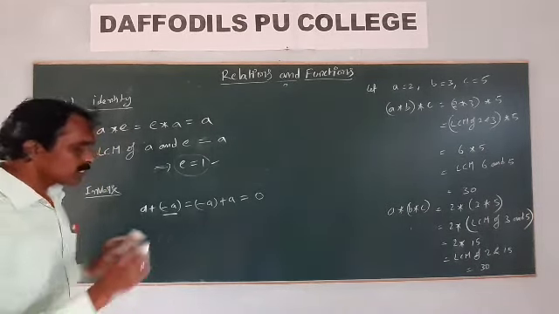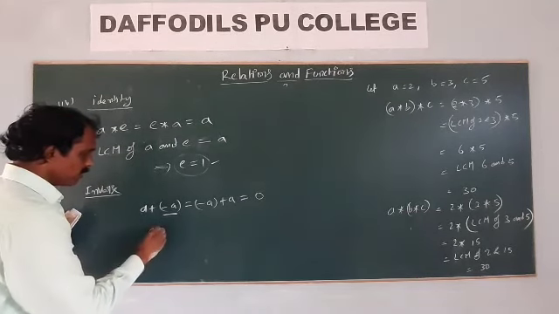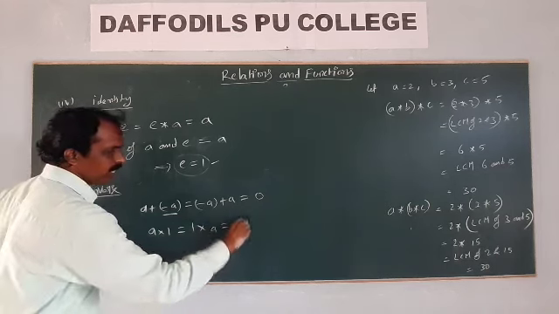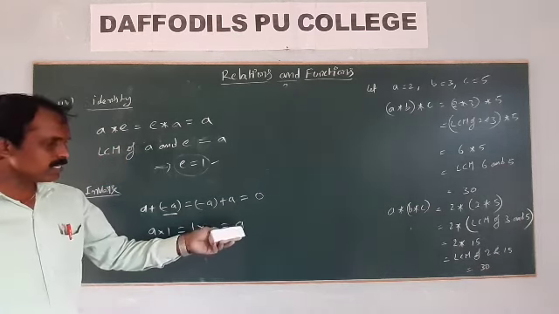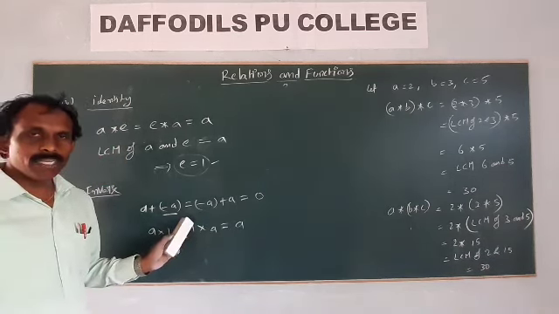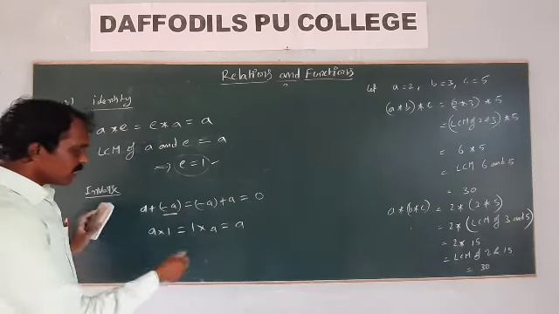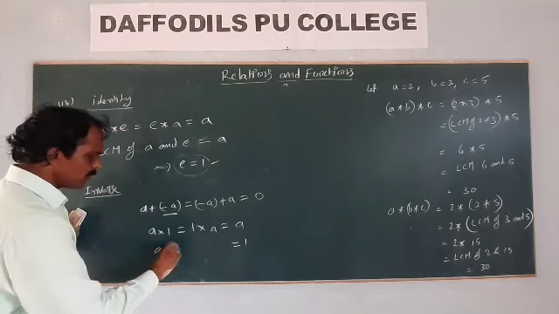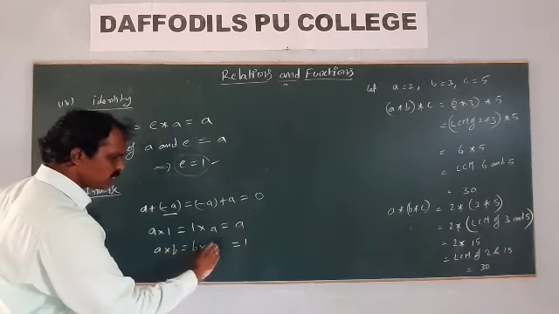Like, suppose you take multiplication. A into 1 is equal to 1 into A is equal to A. So the identity element is 1. What is the inverse? Inverse means you get the answer 1. A into B is equal to B into A is equal to 1.